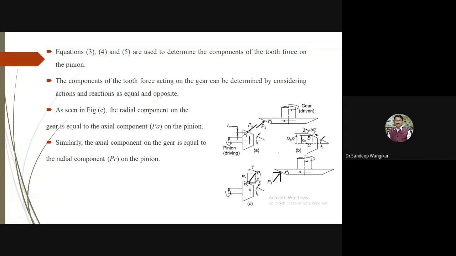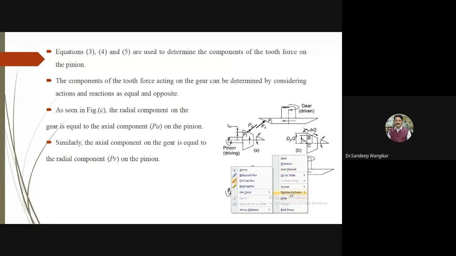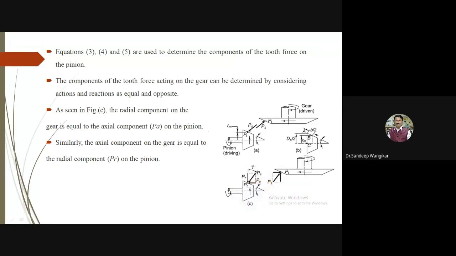Now, let us go for the analysis only for the pinion, and the opposite of it we will consider for the gear. So this is the pinion, this is RM at point P. Whatever you get, this is the mean radius. Here PS is shown and PT is not shown.